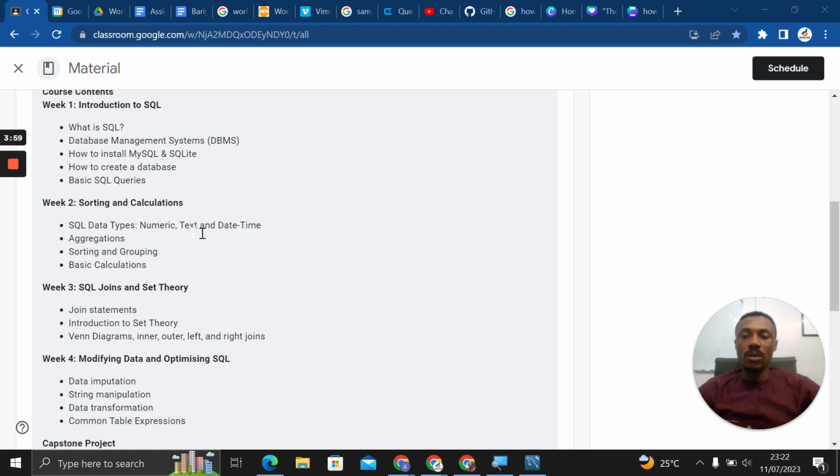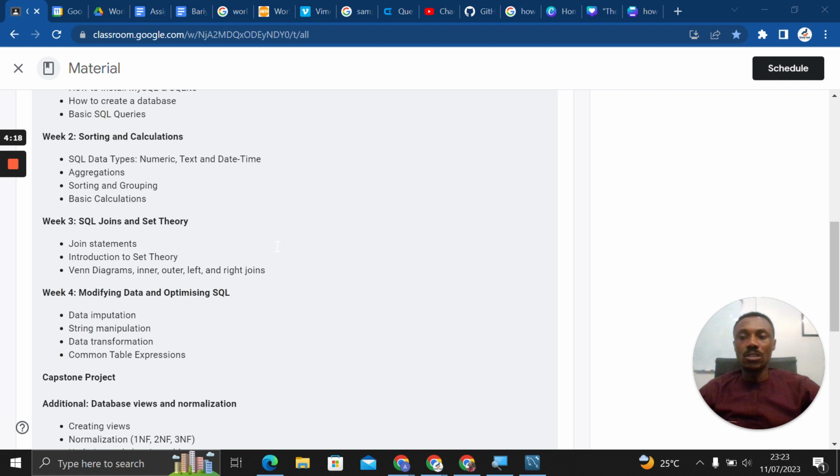In week two, we discuss sorting and calculations. You start by exploring different data types. Then we learn aggregation, sorting and grouping keywords, and basic calculations. In the third week, we shall explore SQL joins and set theory.